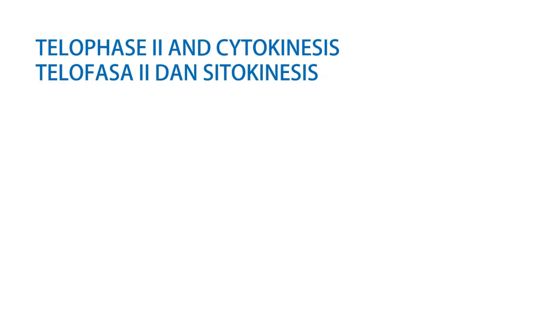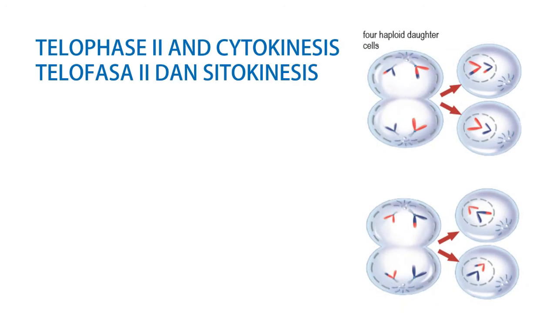After anaphase 2, the cell proceeds to telophase 2 and cytokinesis to form 4 haploid daughter cells. As you can see here, during telophase 2, chromosomes arrive at the poles of the cell.